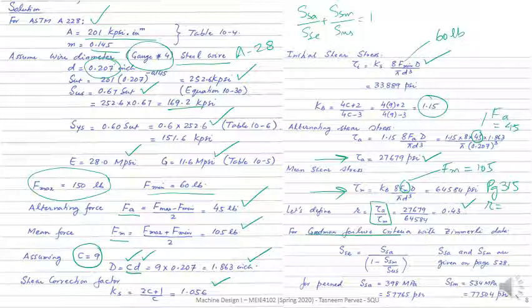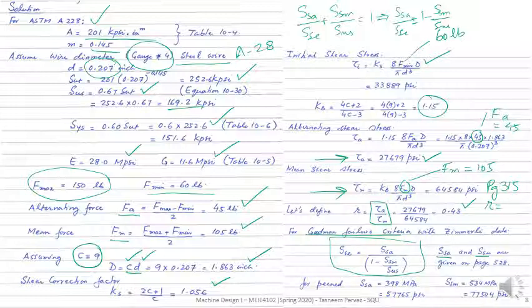So from here I get SSA over SSE is equal to 1 minus SSM divided by SUS, and if I just do the opposite, I will get this equation.